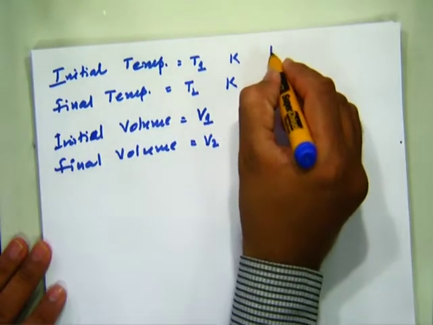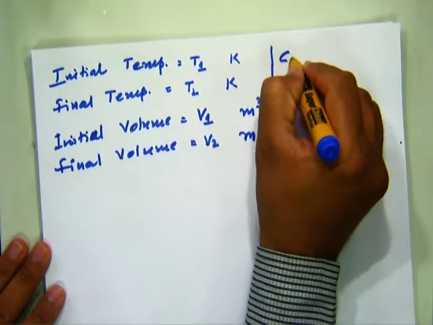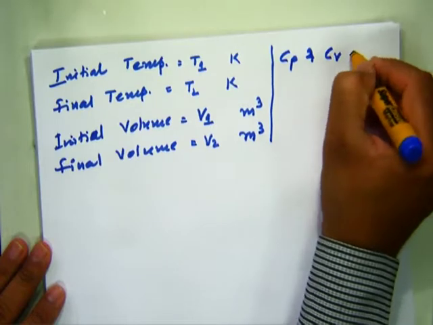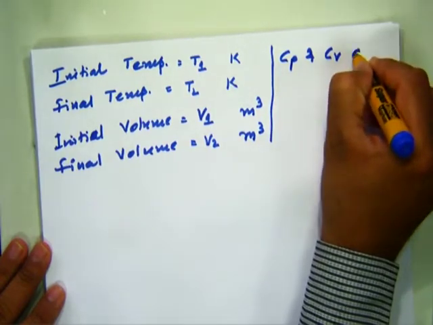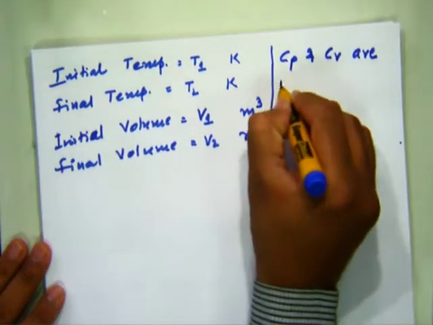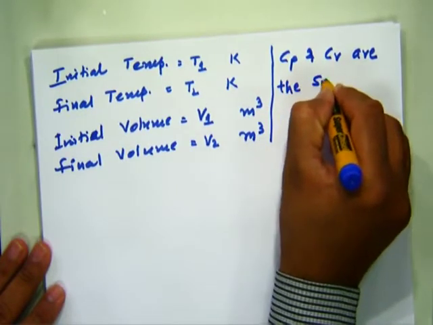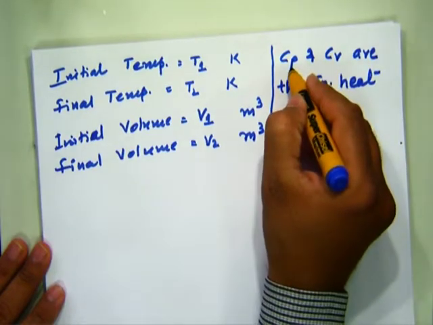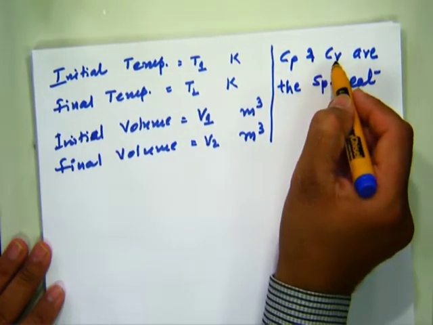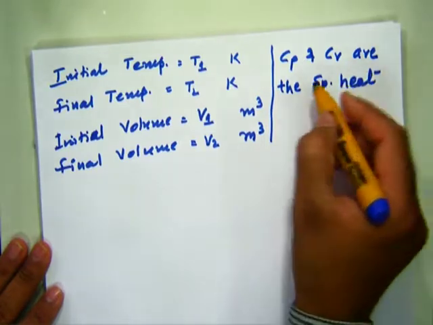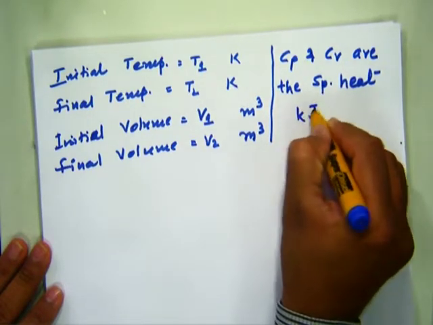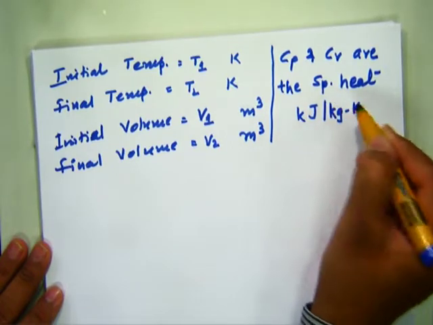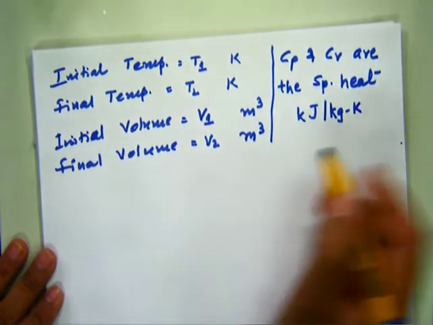Let us say Cp and Cv are the specific heats, one at constant pressure and another at constant volume, in kilojoule per kg Kelvin.